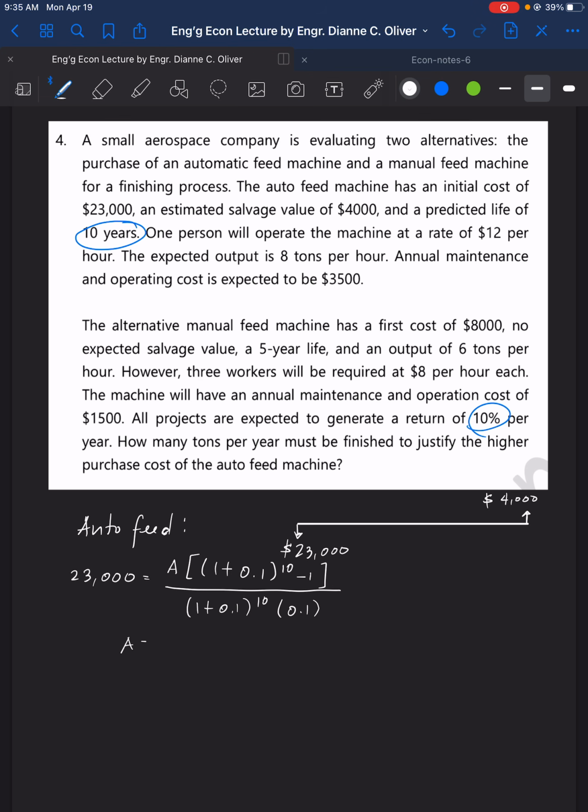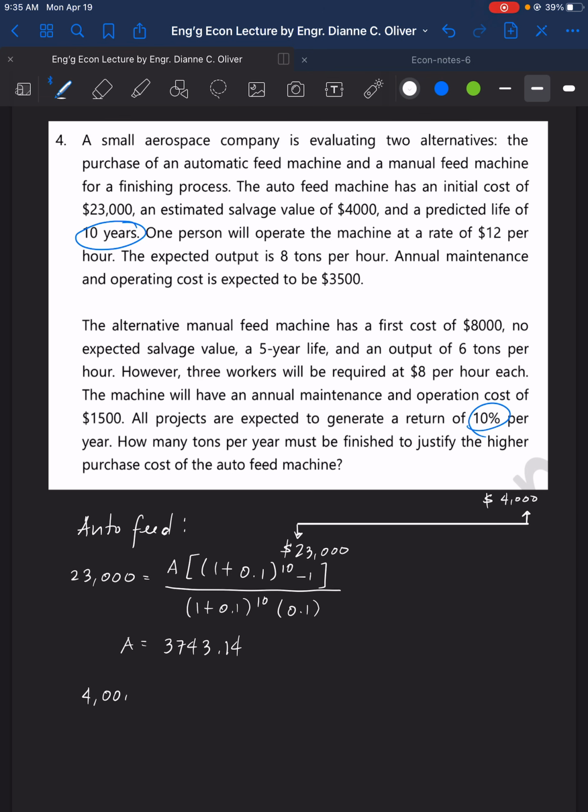So annual worth here is equal to $3,743.14.